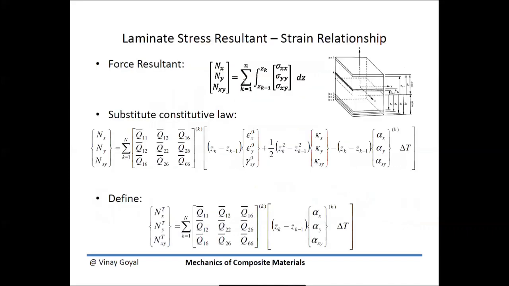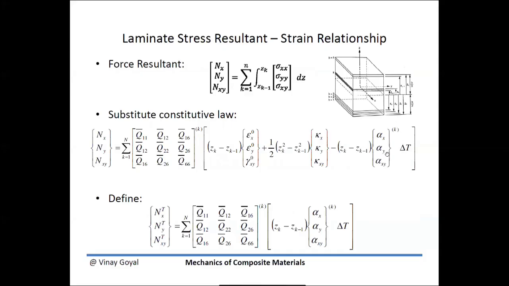So the laminate stress resultants, again, use the same formula we had before for the force resultants, but now that integral is broken up into all these plies, just like before, but now the stress, right? Not only do you get the stress equals Q times the strain, but now you have the strain we had before, but now we have to account for the coefficient of thermal expansion that we had discussed previously.